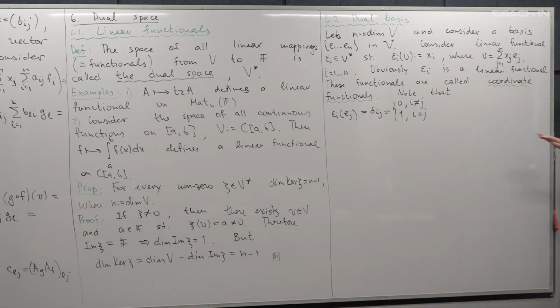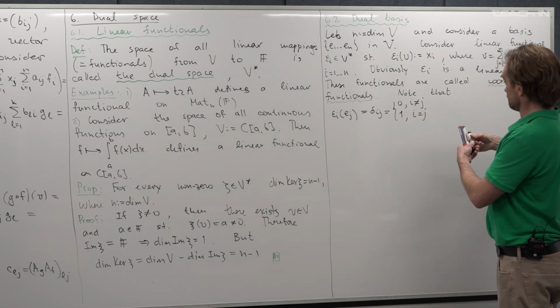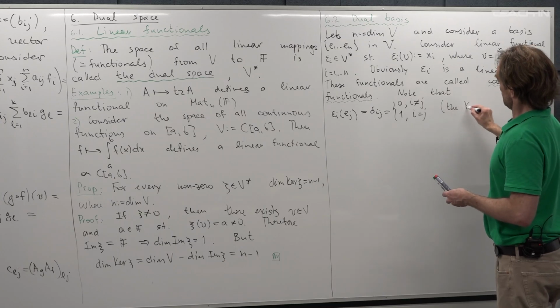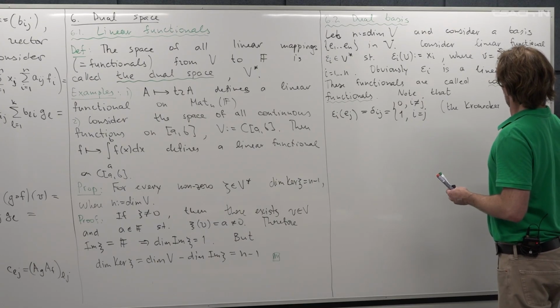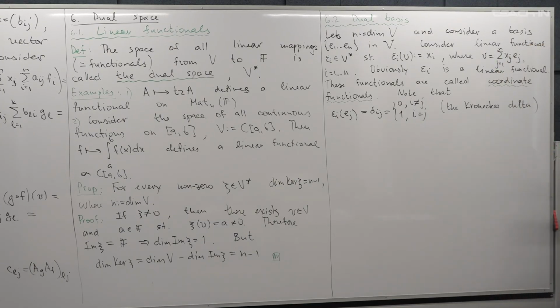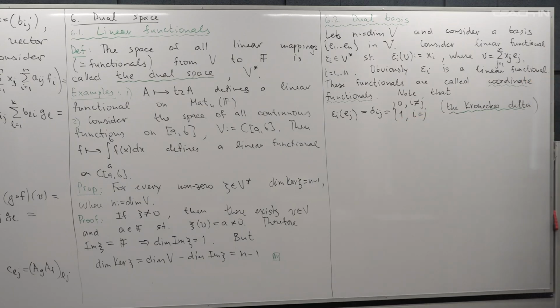So this is the standard notation. This is called the Kronecker delta. And it is very convenient to use this symbol when dealing with linear functionals, and we will see how to use it further. So it obviously follows from the definition of these functionals that epsilon sub I of E sub j is exactly delta sub ij.